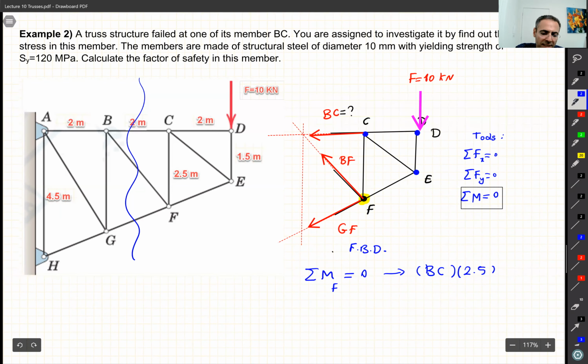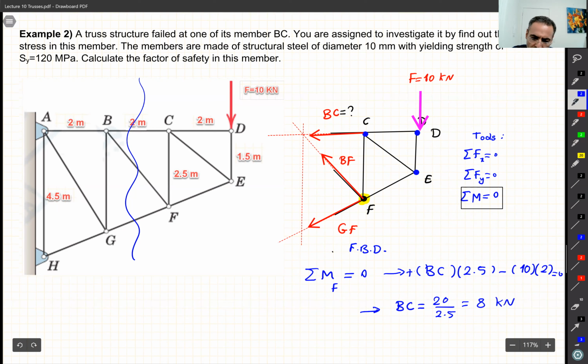It tries to rotate everything about point F counterclockwise, so it is positive. And then I have this 10 kilonewton, which is counterclockwise, multiplied by the distance, which is 2 meters, equal to 0. From here, I can find the force in BC, which is 20 divided by 2.5, and it gives me 8 kilonewton, right?